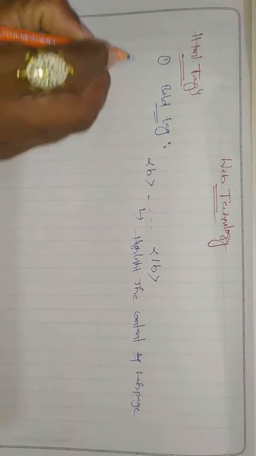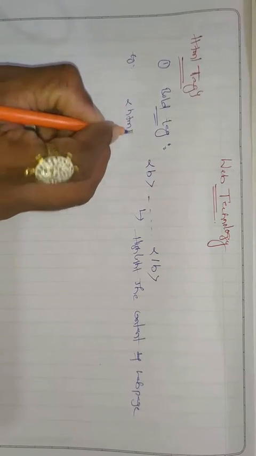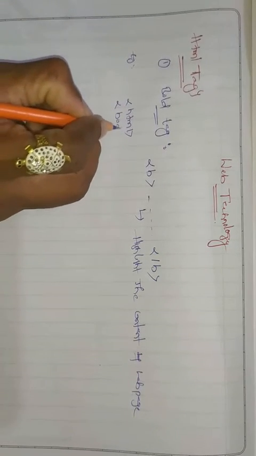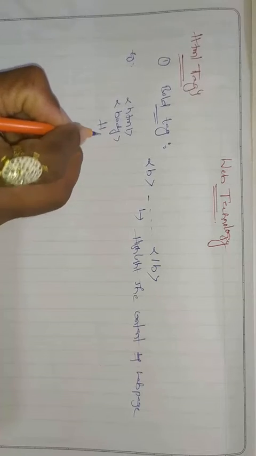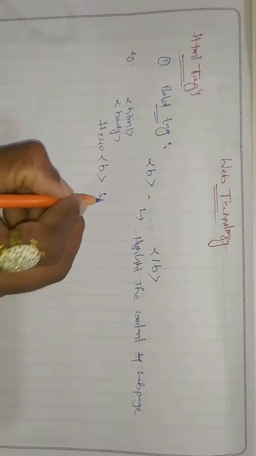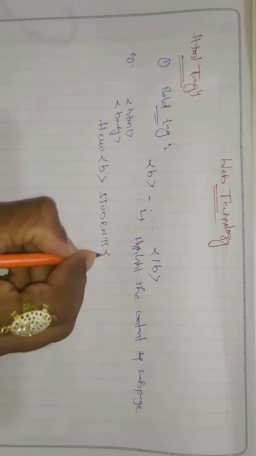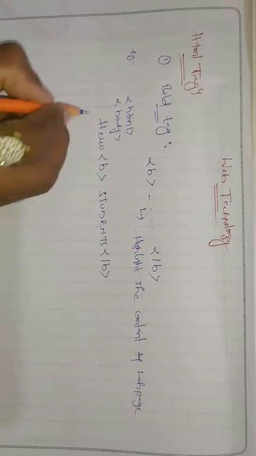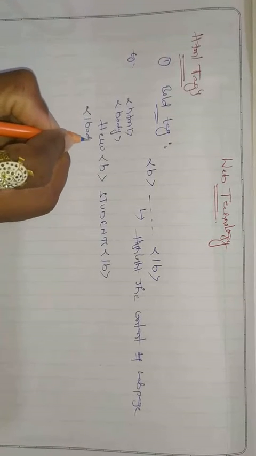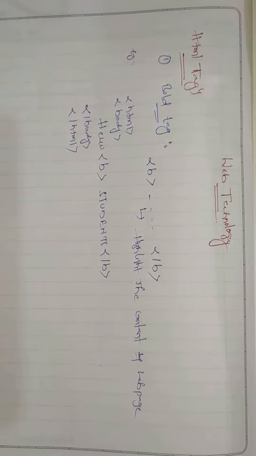For example, you can write html and body open, and hello. Here I want to bold the word students, and close the bold tag, then close the body tag and close the html tag. We discussed that every tag will have an ending tag also.